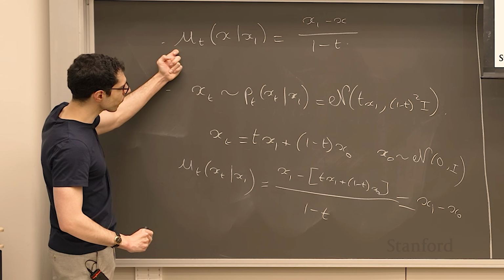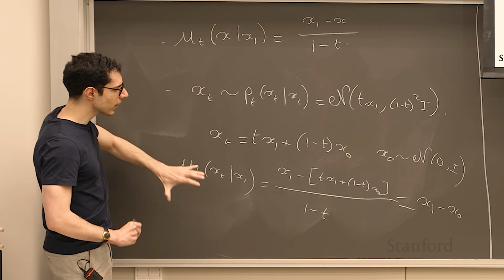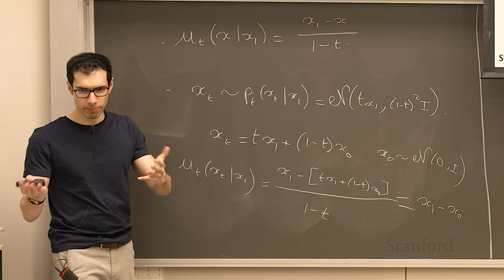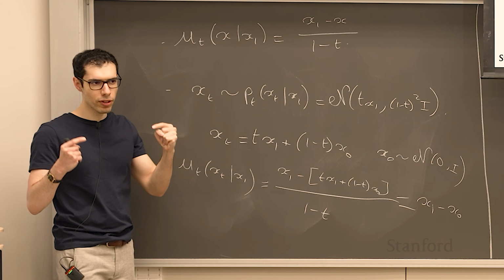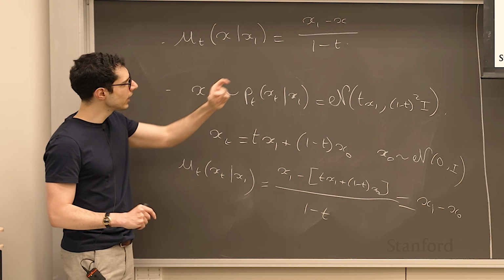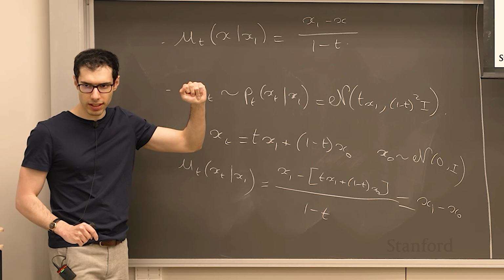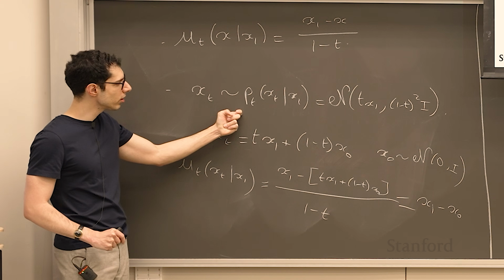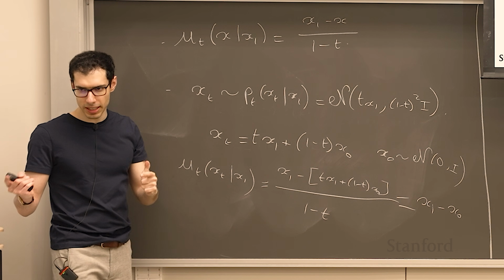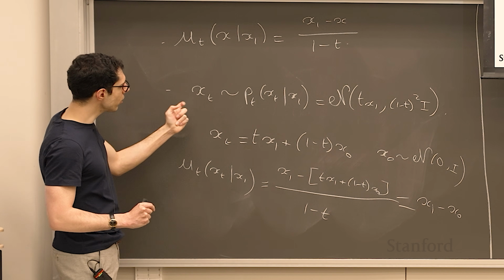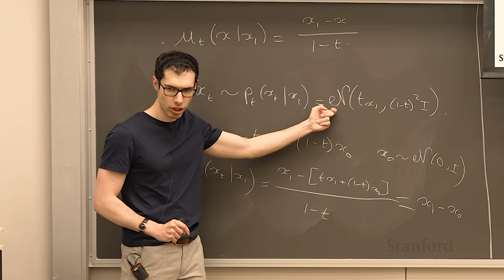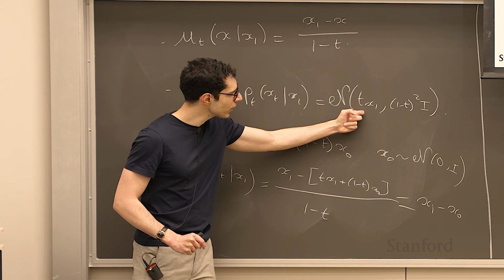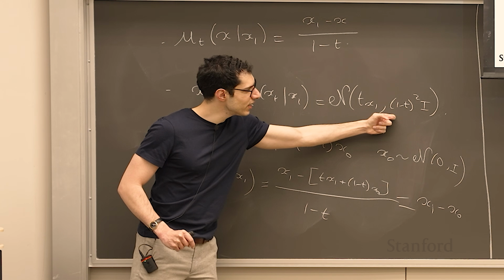So given that, this part is just me telling you that this expression can be even further simplified if the x that you're putting here is actually drawn from the conditional probability path. So as a reminder, the conditional probability path is given by a normal distribution of mean tx1 and 1 minus t squared I.